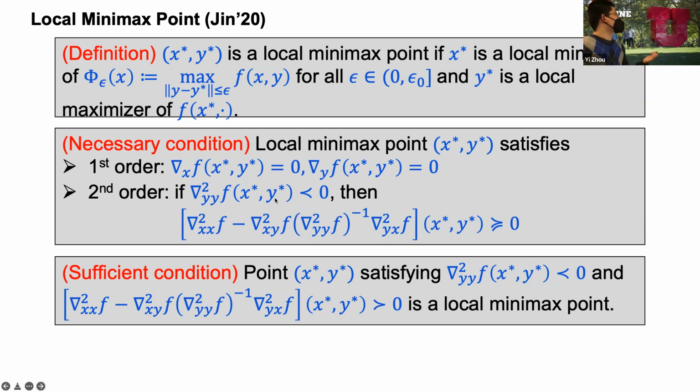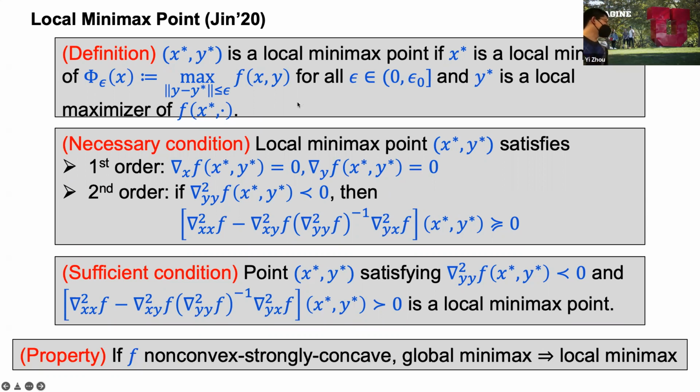This is because y star is required to be a local maximizer. And then for the x part, we require this very complicated matrix to be positive semi-definite, or positive definite in the sufficient condition. So basically, these are the equivalent characterizations of the local minimax point.